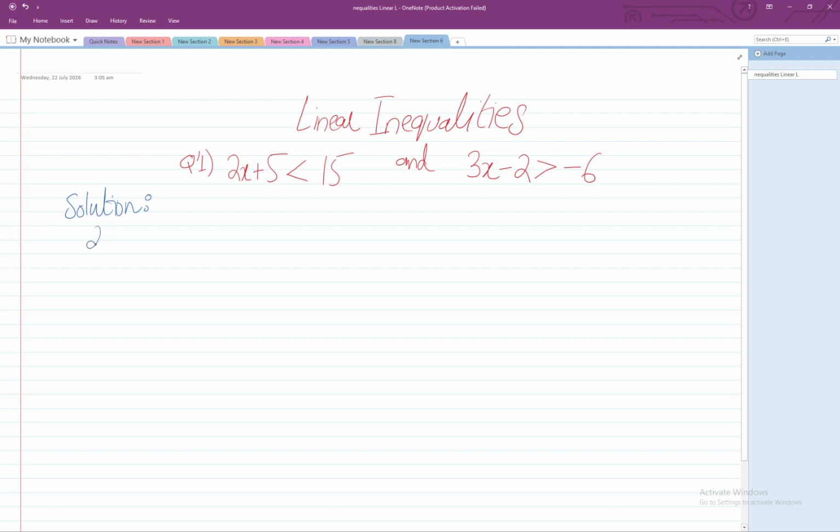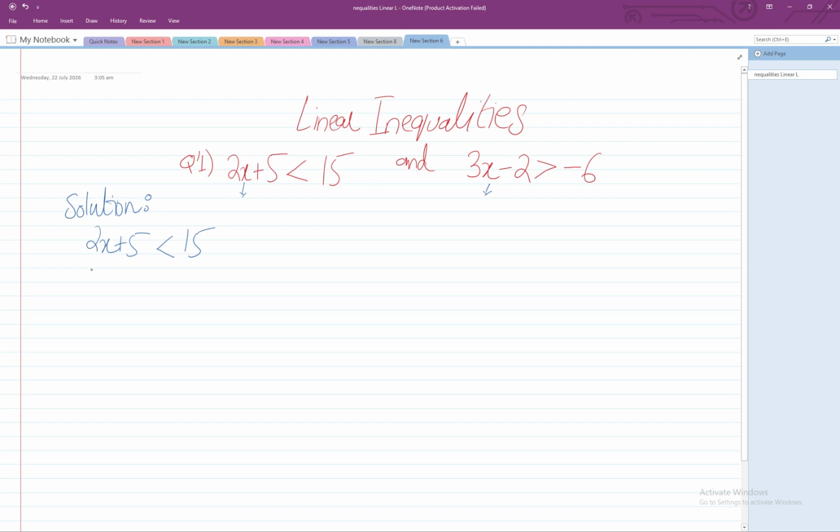Okay, so 2x + 5 is less than 15. The actual question here is that we have to find the values of the unknown x.